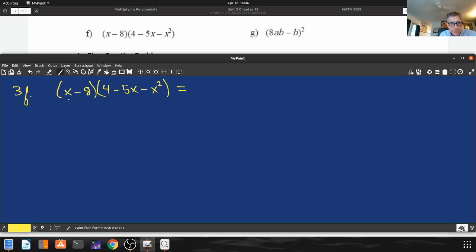So I'm going to take my x term and multiply it by this entire trinomial, 4 minus 5x minus x squared. Then I'm going to take my minus 8 term and multiply it again by 4 minus 5x minus x squared.